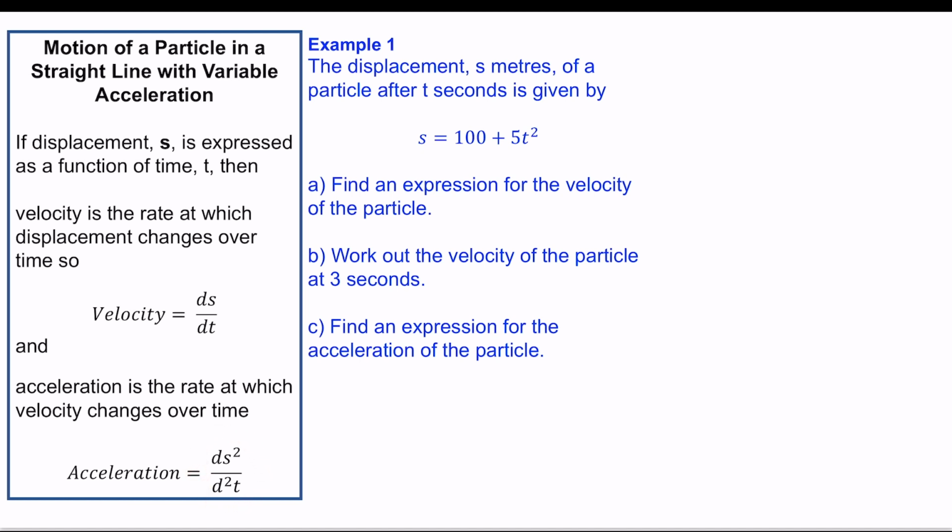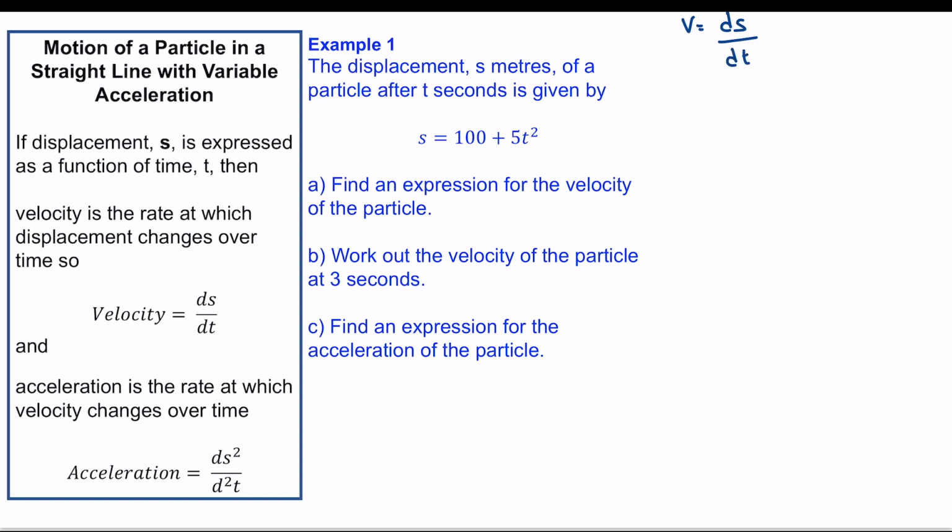So we can use all of this to work out example 1. We're told that the displacement in s meters of a particle after t seconds is given by this displacement function, and we've been asked to work out an expression for the velocity of a particle. So we know that velocity is the change in displacement divided by the change in time.